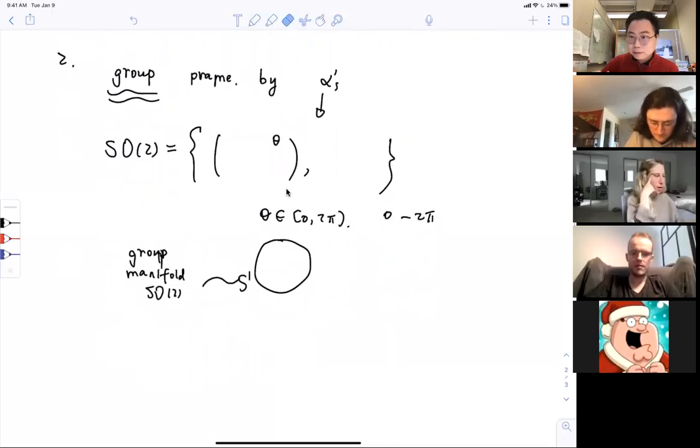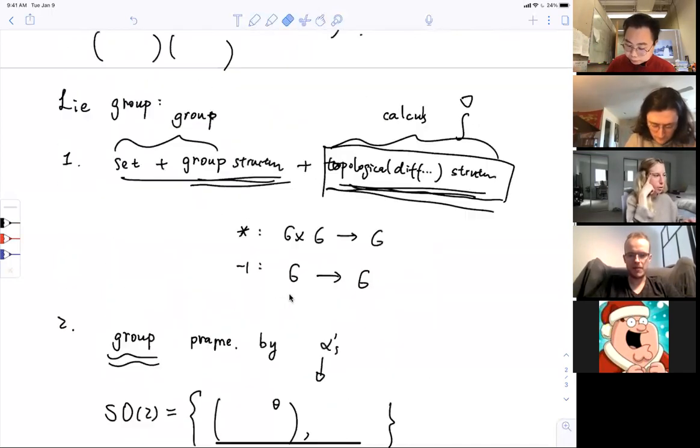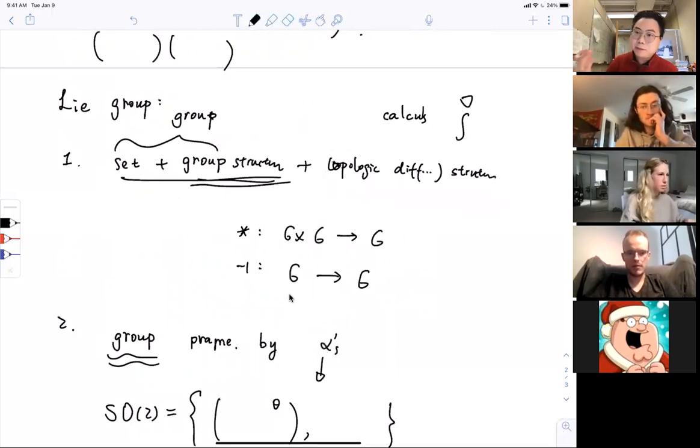Is that why we use this word topological in this context? Right, that's all we really mean. Topological basically means you can define a neighborhood, define open sets, and when you have open sets, you can talk about continuity. Actually, a Lie group has another structure called a differential structure, meaning that you can do calculus.